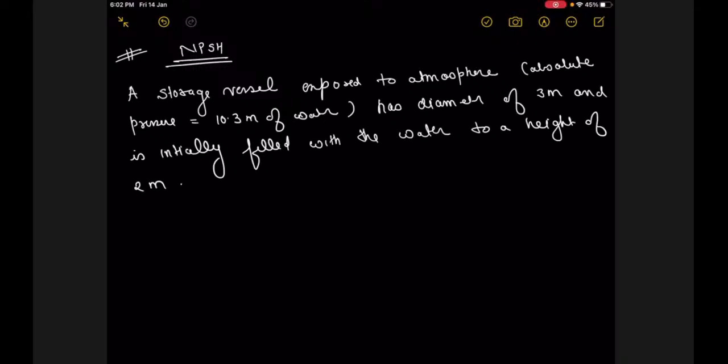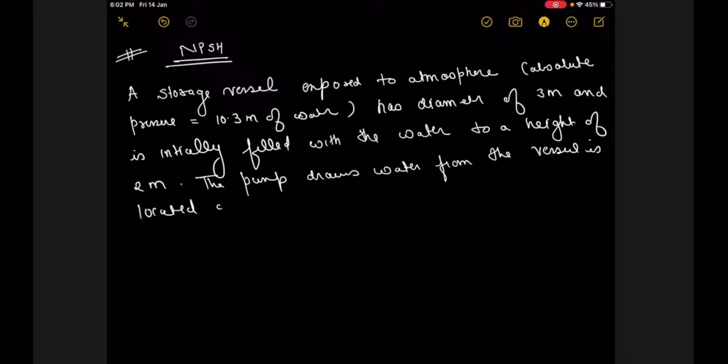The pump draws water from the vessel and is located at an elevation of 5 meter above the bottom of the vessel.